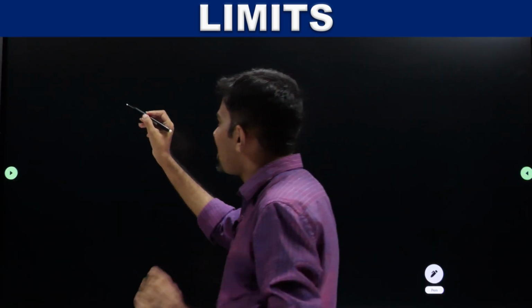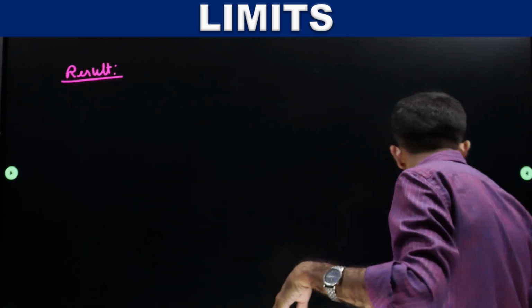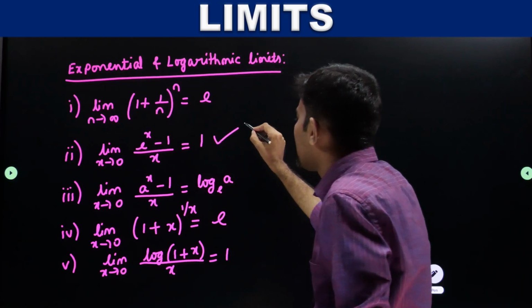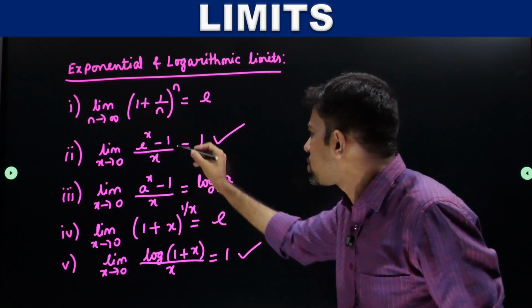Next we got one result here, connected to trigonometric and exponential. See, wherever I get 1, I can merge all those things. Here you see that limit x tends to 0, (e power x minus 1) by x is 1. Limit x tends to 0, log(1 plus x) by x is 1. These two we got 1.